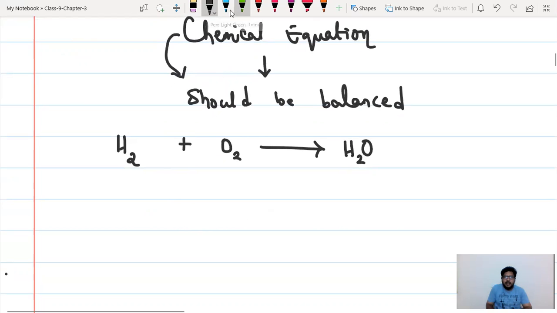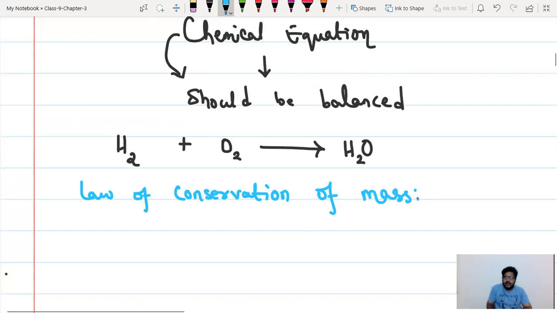Balancing is nothing but every chemical equation should satisfy law of conservation of mass. What is law of conservation of mass?